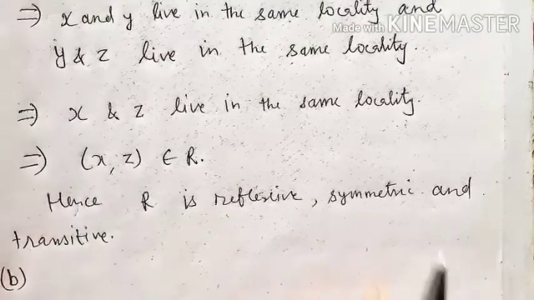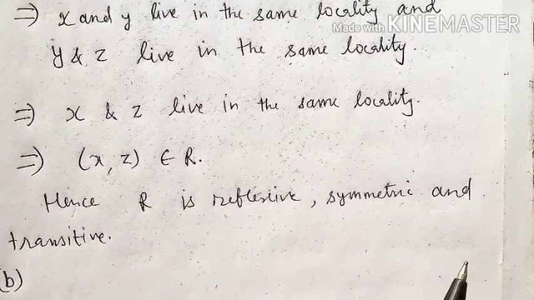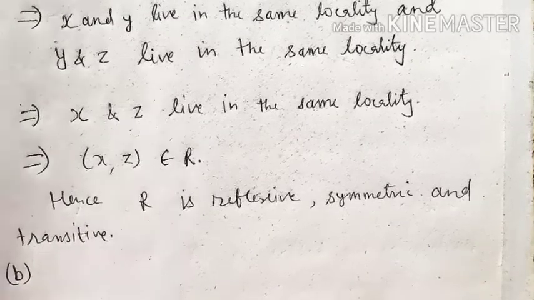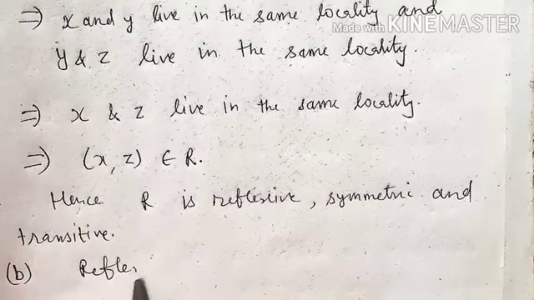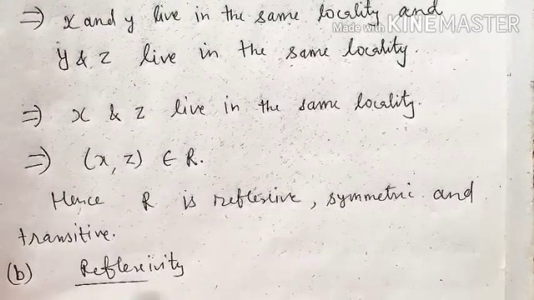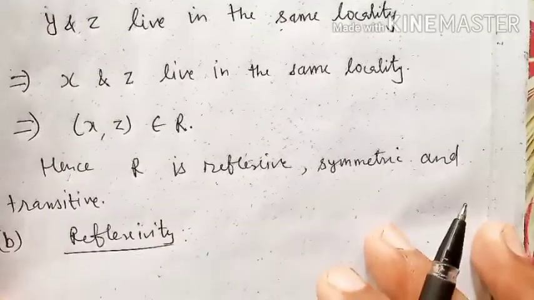Here the next question was: X is exactly 7 cm taller than Y. Reflexivity. Here X and Y are two persons.